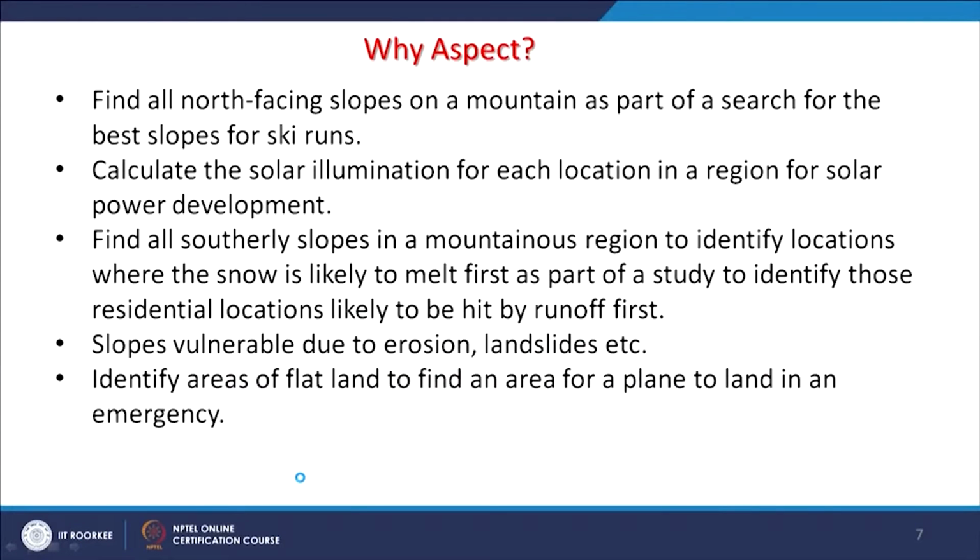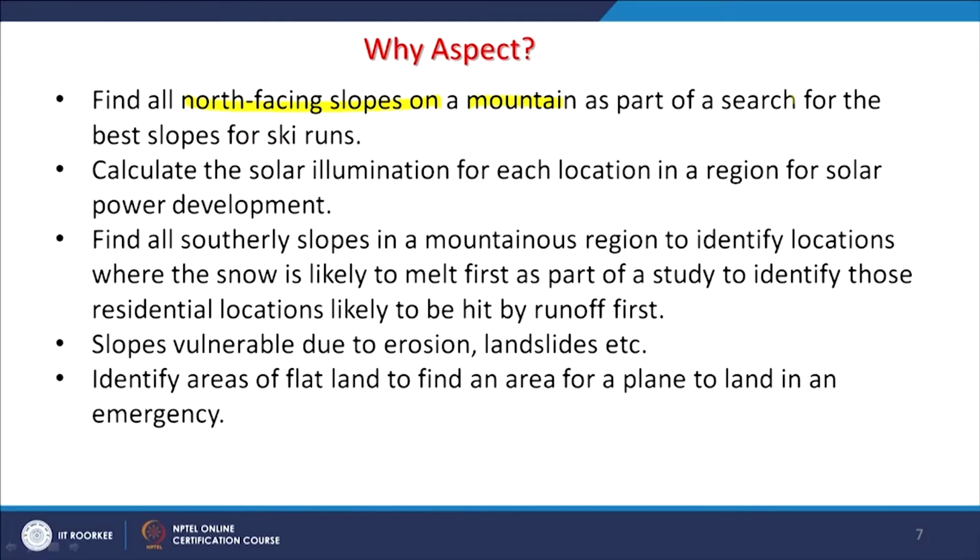Now, this point I have already touched a little bit, but I will go through it for completeness, one by one. Why basically aspect? Why do we want to calculate aspect? As you know, in mountainous terrain, north facing slopes are good for certain things, but south facing slopes are good for certain things.